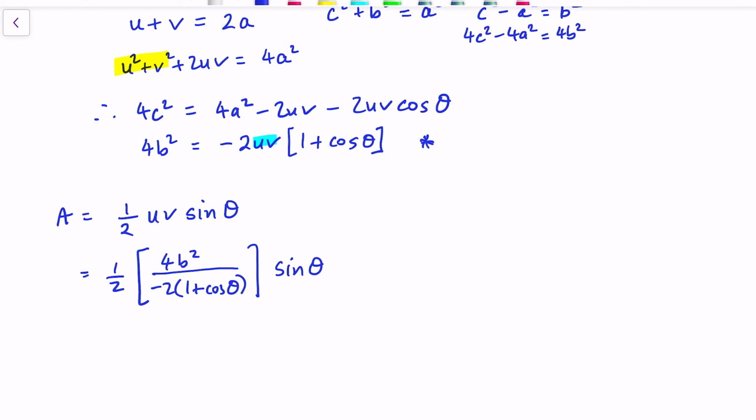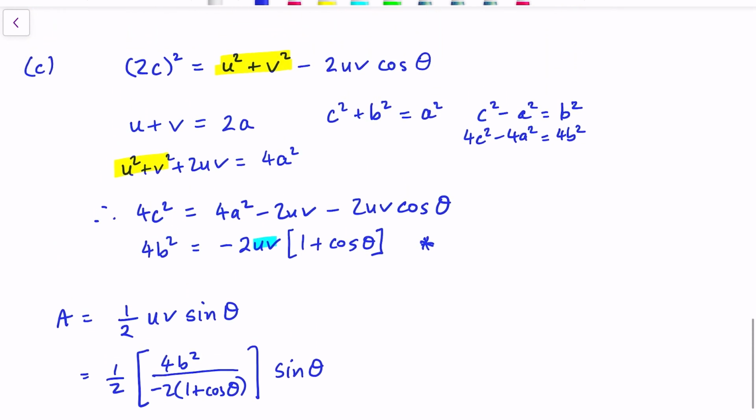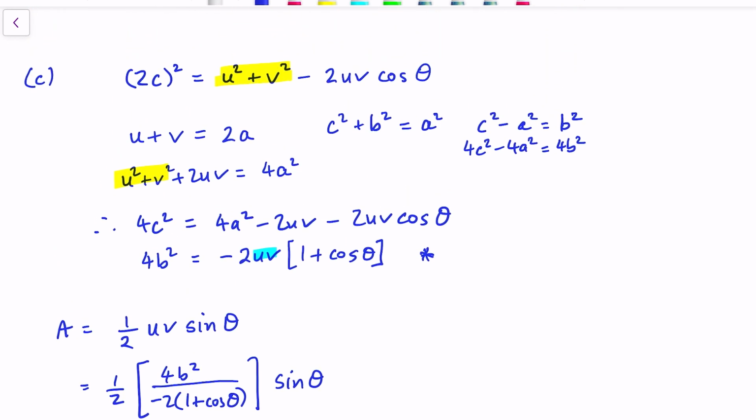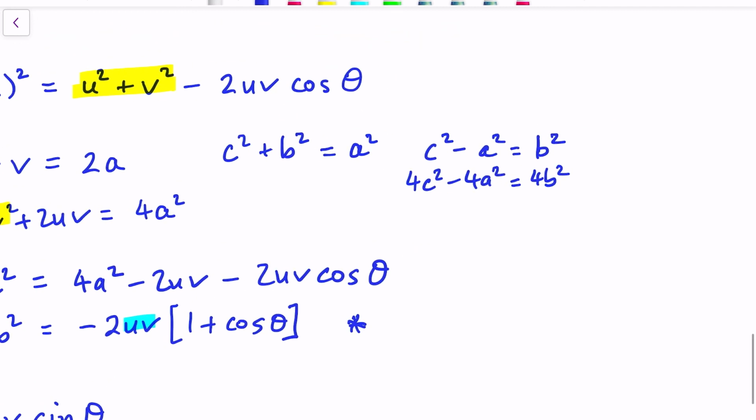Okay, I can see there I've got my minus b squared. Why is there a minus? Should there be a minus? Oh, that's terrible rearranging. c squared minus a squared is negative b squared.